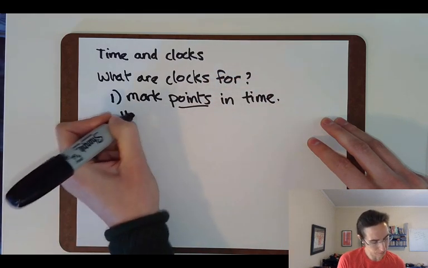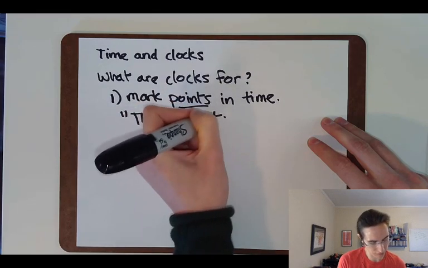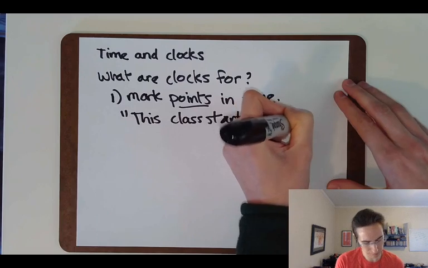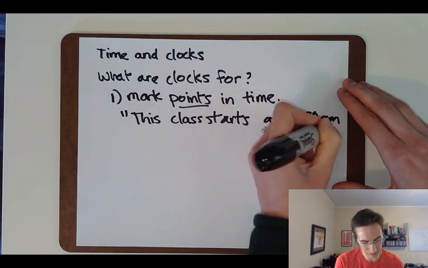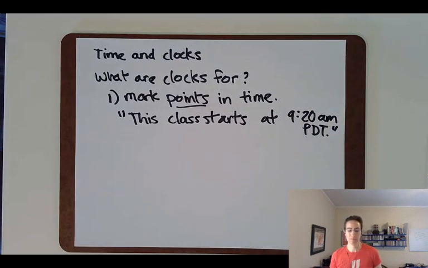So this class starts at 9:20 a.m. PDT. That would be an example of marking a particular point in time.